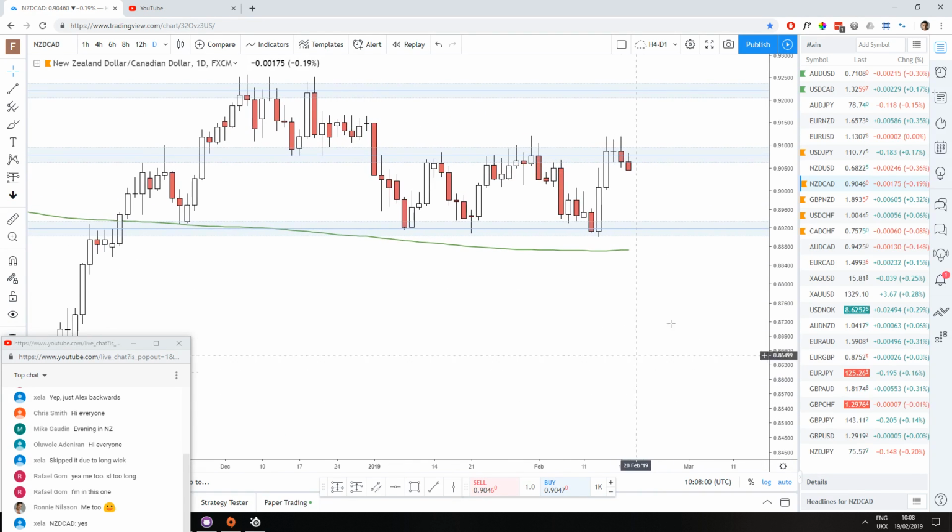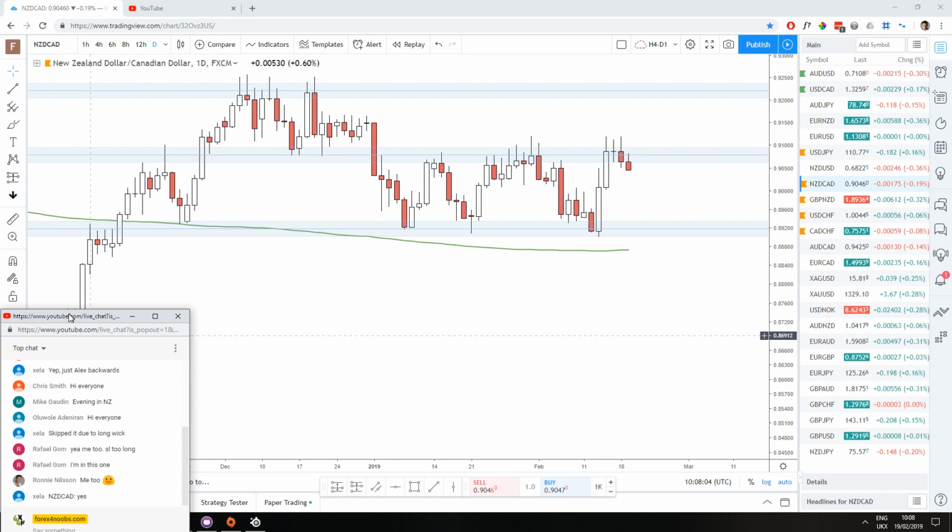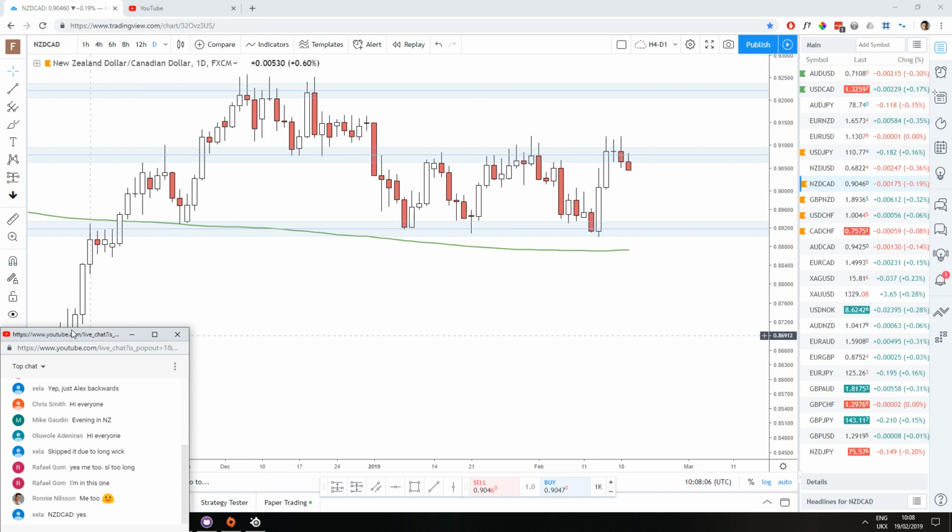So Biz is in a similar trade. Ronnie, you're in. Alex, you're in. Camo is in. Whoa, a lot of people are in this one. There's a lot of activity on that forum post. Cool. I'm in this one too.